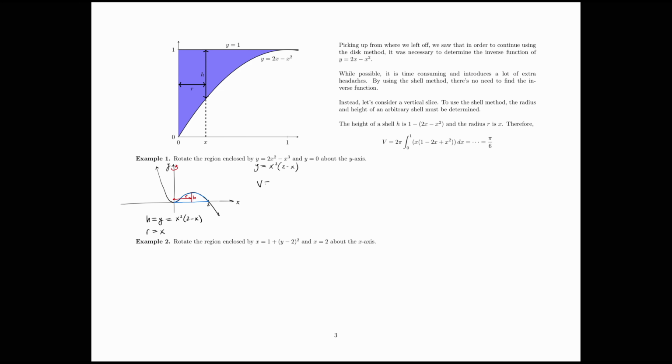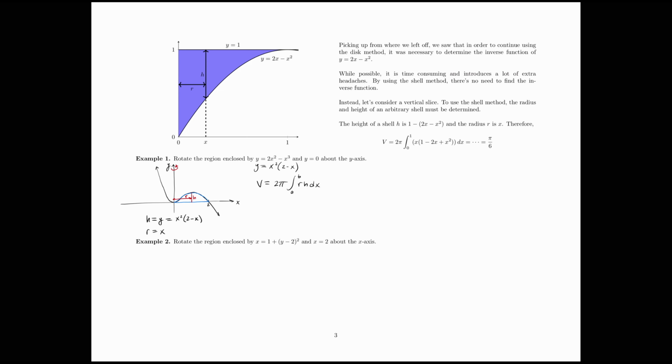So for shell method, the formula is 2 pi times the integral from a to b of our radius times our height. And rotating about a vertical axis, we integrate with respect to the opposite variable, the horizontal variable.